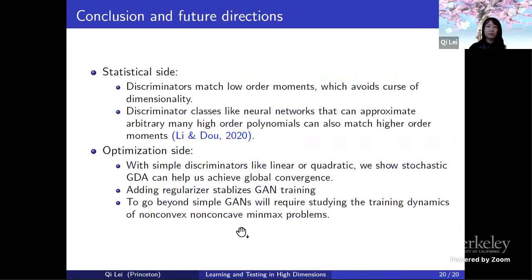And to go beyond simple GANs, we will be studying the training dynamics, instead of what we did here, to learn the geometry of the functions, especially if we want to tackle non-convex, non-concave min-max problems. And that's it. Thank you.